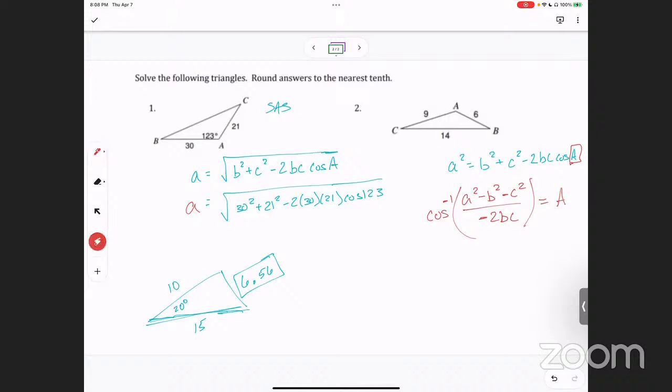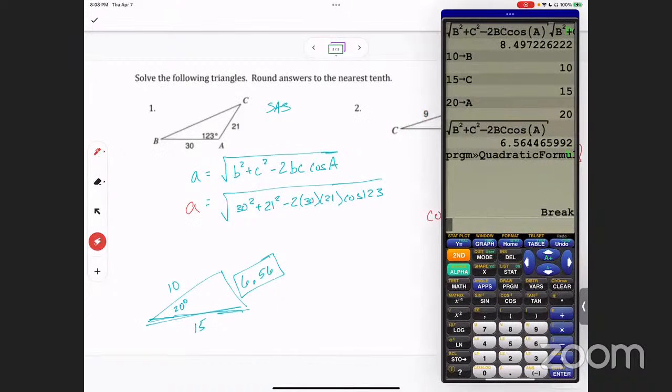If I'm solving for this right here, this is my A, because whatever's across from it is your A. Don't look at A, B, and C. Look at what's across from the letter you're trying to solve for. Make sense?